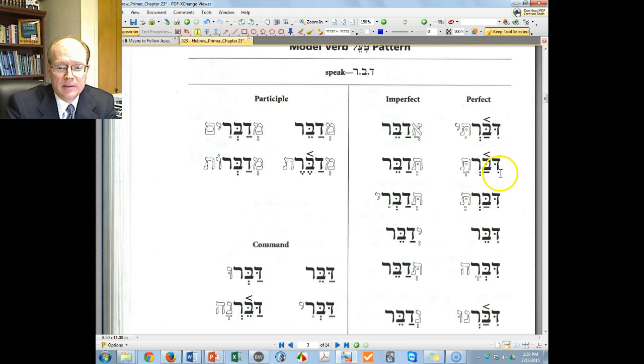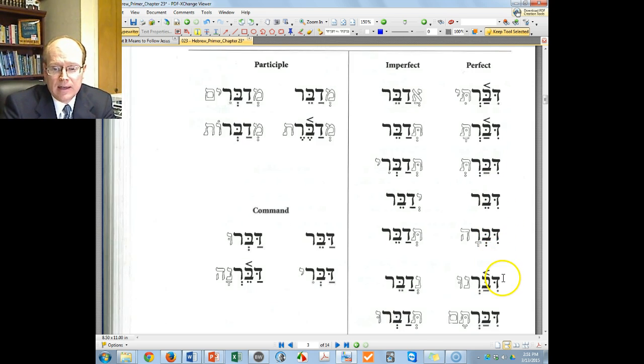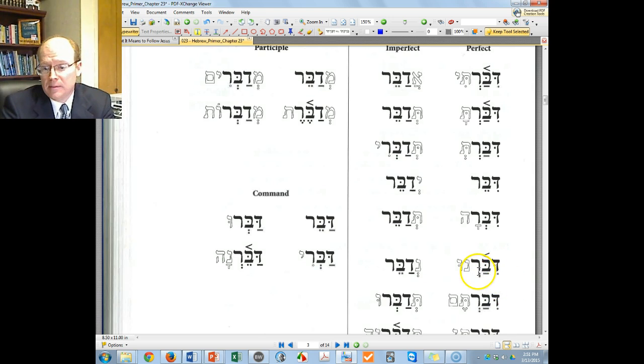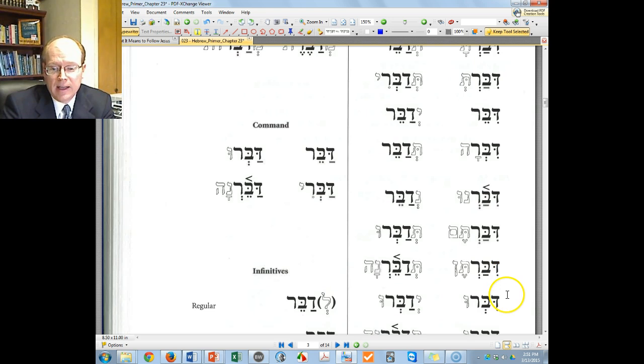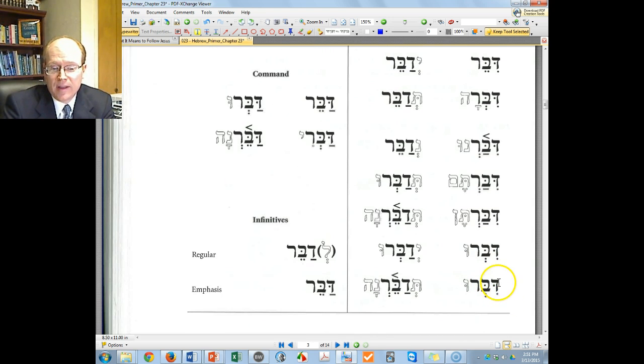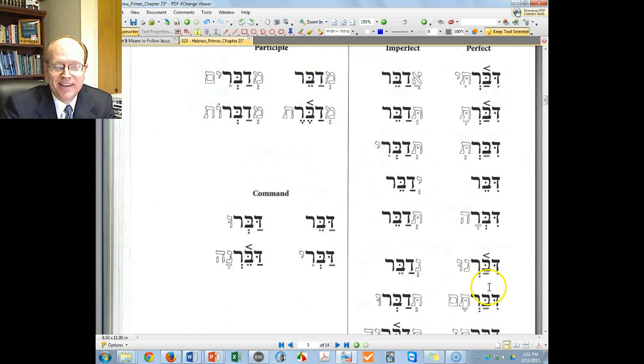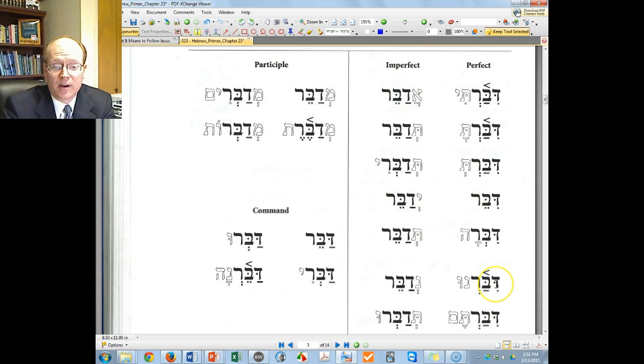Dibarti, dibarta, dibart, diber, dibera, dibarnu, dibartem, dibarten, and diberu. In every case, hiriq dagesh. Isn't that great? That's the beauty of the X chart.